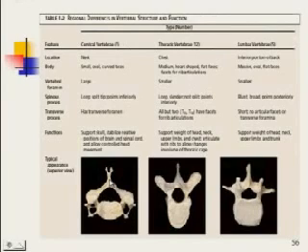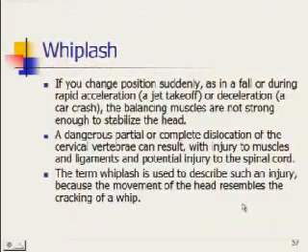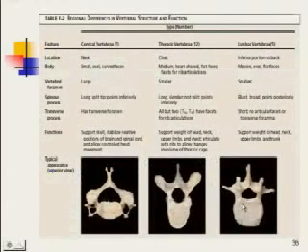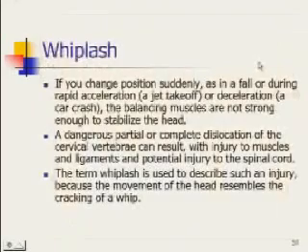In the cervical vertebrae, you have a bifid spinous process. In the thoracic vertebrae, you have a single projection, and you can see the difference in the lumbar vertebrae as well. It's broader, it's thicker, because it supports the majority of the body weight. Again, you should be able to recognize these three vertebrae: cervical vertebrae, thoracic vertebrae, and lumbar vertebrae.